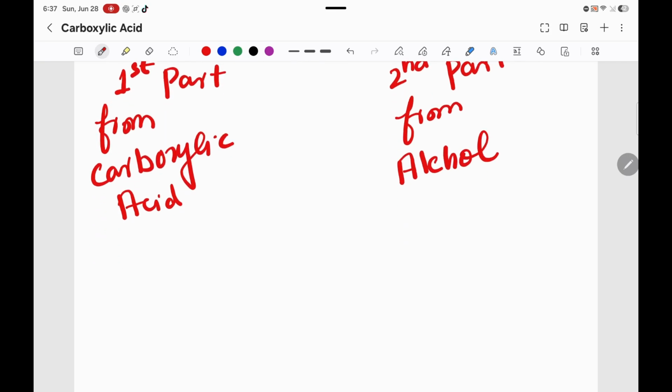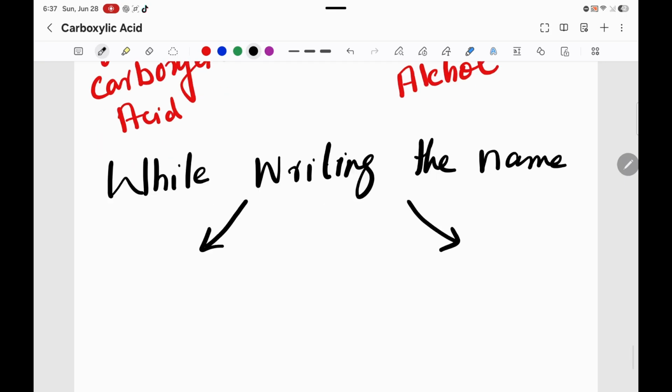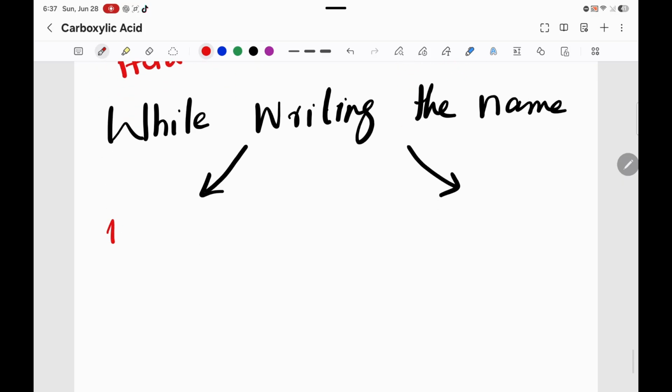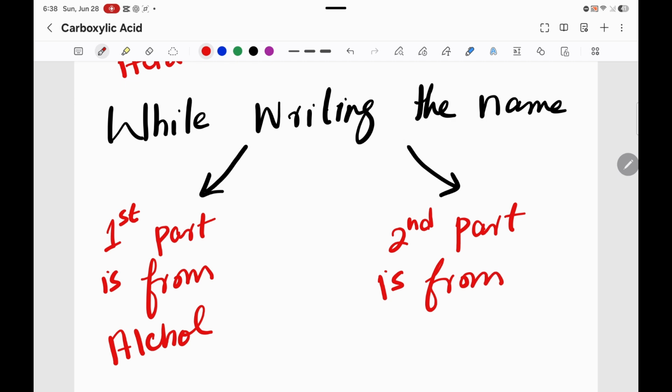While writing the name, first part is from the alcohol, second part is from the carboxylic acid.